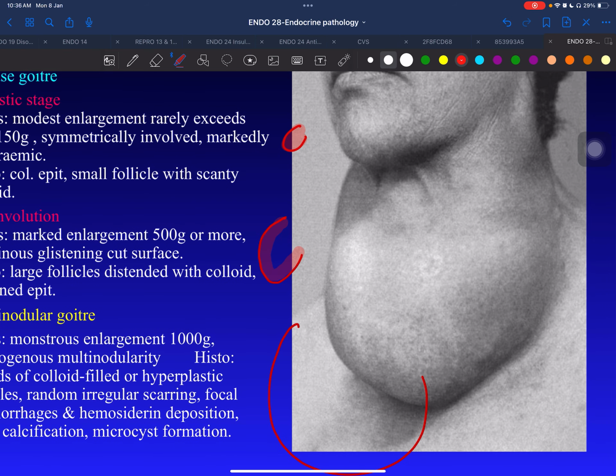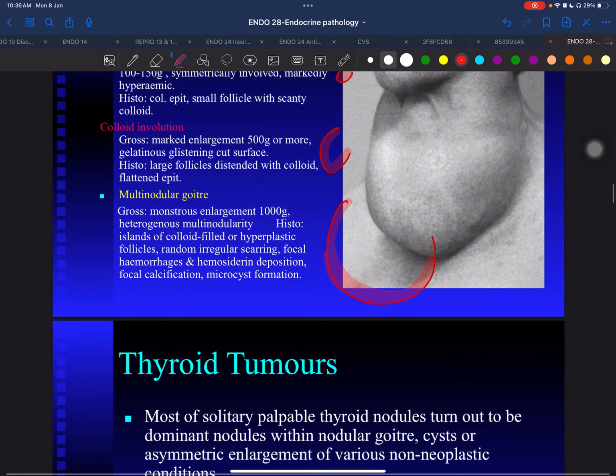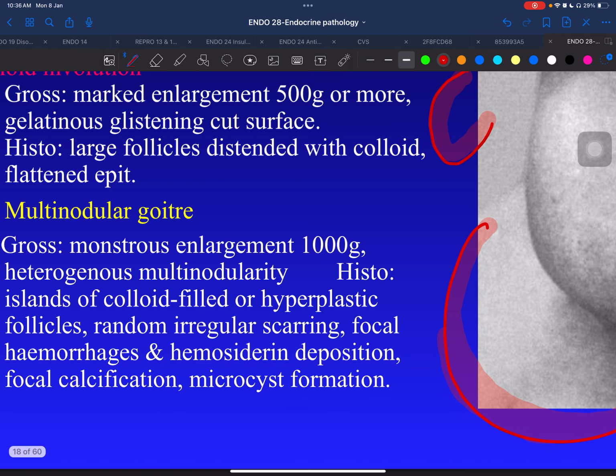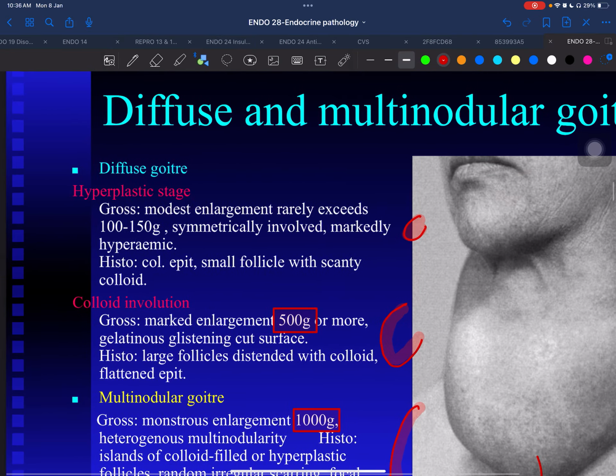And in multinodular goiter, this monstrous one, MNG, we call it multinodular goiter. The enlargement can be up to 1 kilogram or more. Okay, heterogeneous multinodularity. There's islands of colloid-filled hyperplastic follicles. There can be irregular scarring or fibrosis. There can be hemorrhage too, so big that there is bleeding inside.